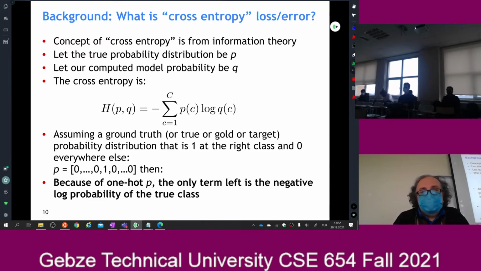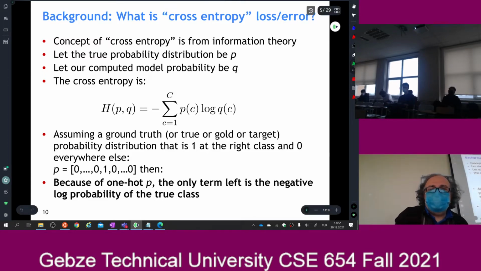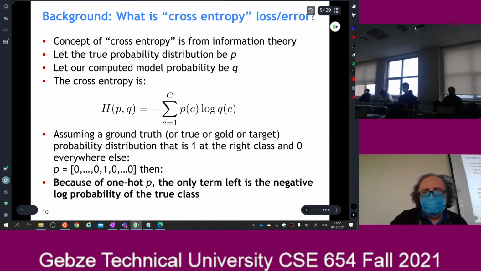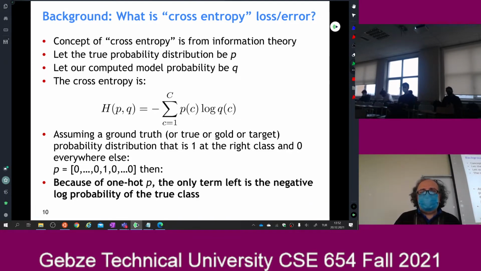So you are trying to measure how compatible my model probability is with the ground truth. This is how you measure it. For all the classes from 1 to C, you multiply the true probability with the logarithm of the estimated probability and you sum them up.